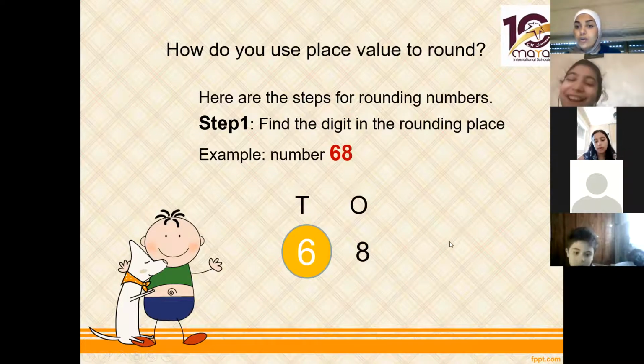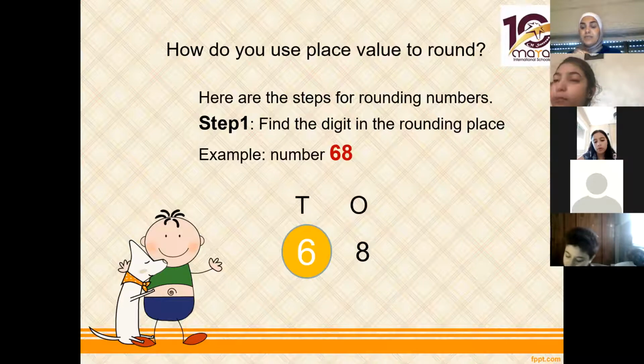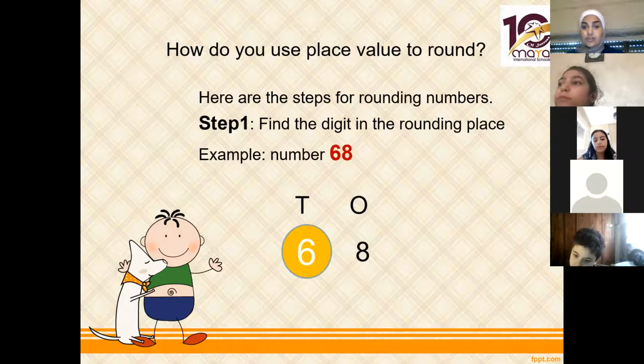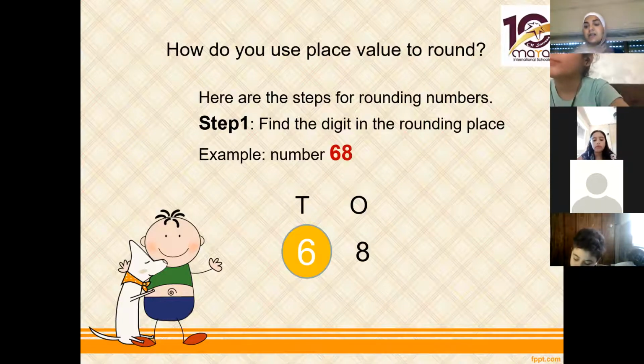How do we know? We go to the ones. When we have tens and ones, take the ones and see if it is 5 or more than 5. You choose the bigger 10. You will change the 10 to the bigger 10, okay?